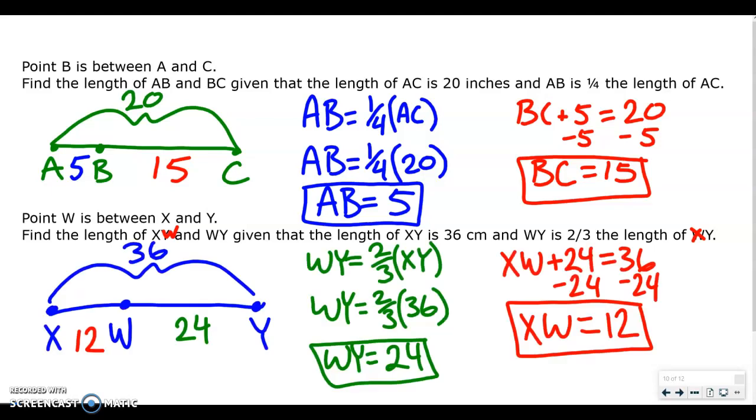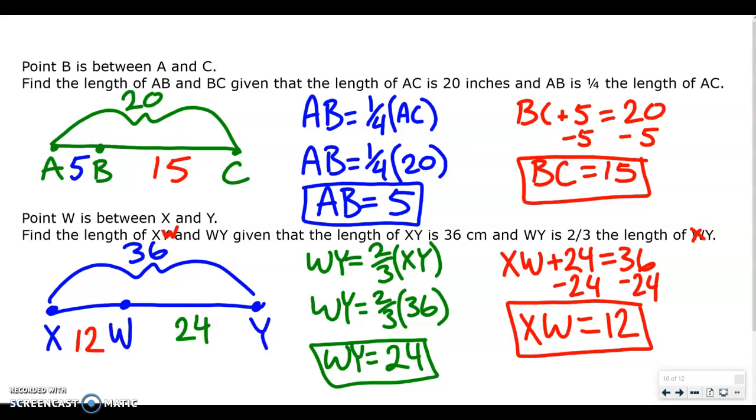All right, so this next one was set up the exact same way. We knew the total length of the segments. So to find WY, we know WY was 2/3 the length of XY, so we can multiply 2/3 times XY. So it was 2/3 times 36, and that gives us 24.